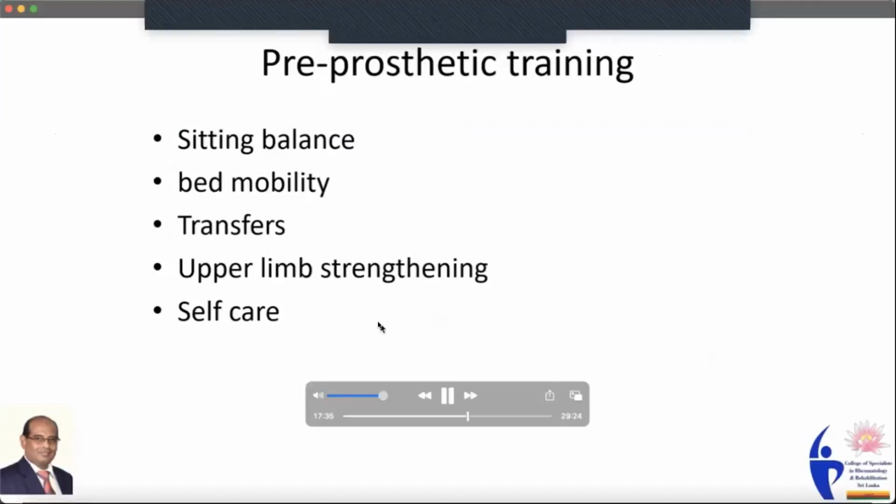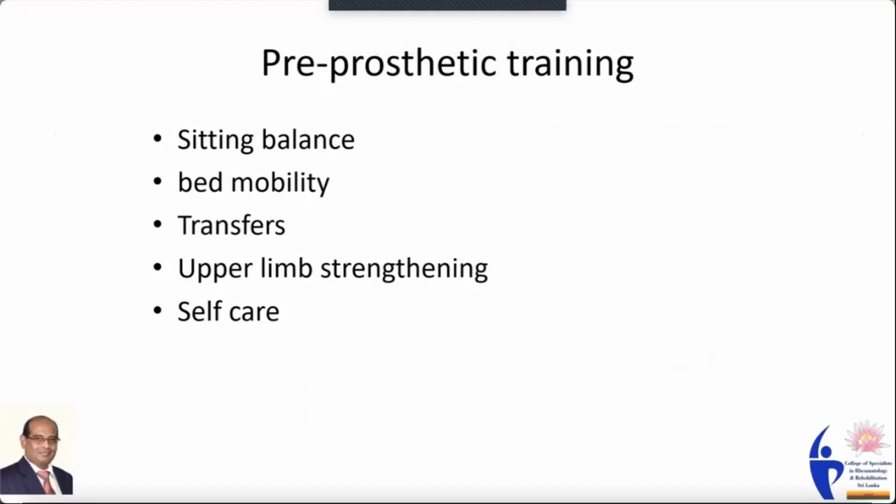Hence, in training for sitting balance, bed mobility, transferring in the correct way, maybe from the wheelchair to the bed at the beginning, and then later even from a seated position, getting up and so forth.